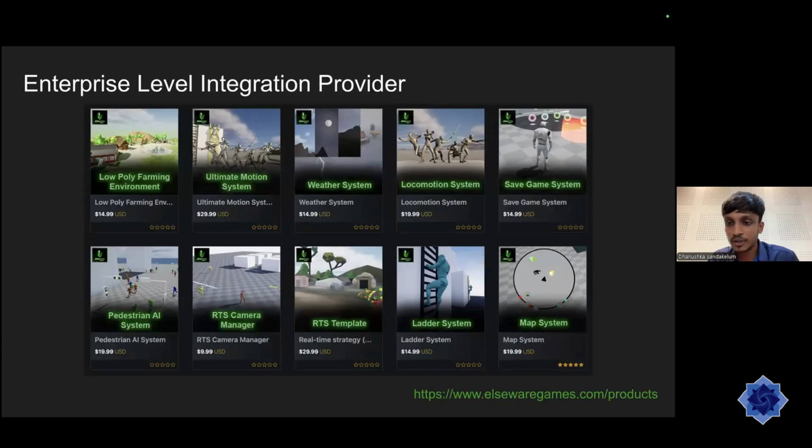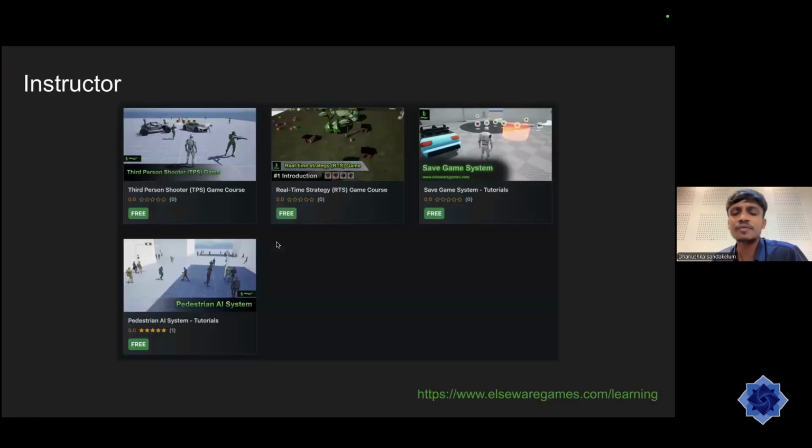Instead of wasting their time doing those from the ground up, they can buy our assets, integrate them into their games, and boost their development process, right? Actually, we have very good revenue coming from this sector. So yes, we are enterprise level integration providers, and we are instructors.